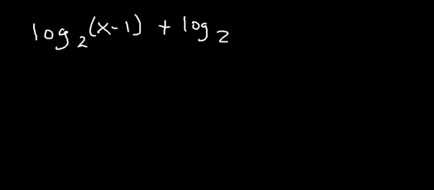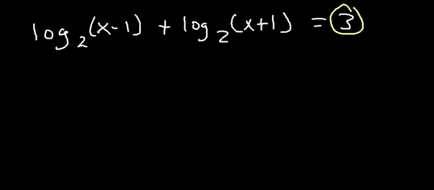Try this example. Log base 2 of x minus 1 plus log base 2 of x plus 1 is equal to 3. Feel free to pause the video and try it yourself. So now let's begin. Notice that we have a number on the right side and 2 logs on the left. We want to combine the 2 logs into a single log.